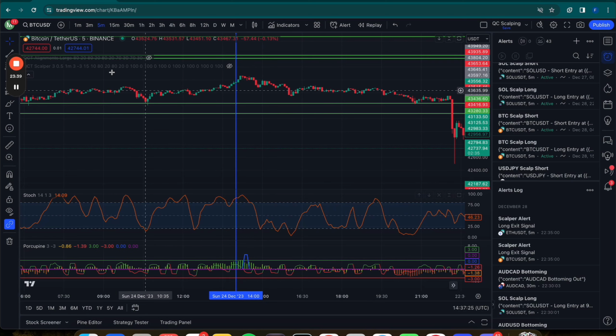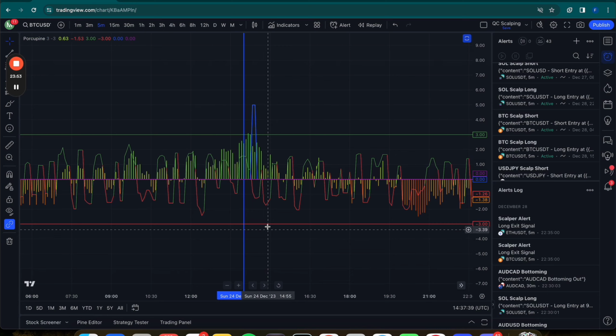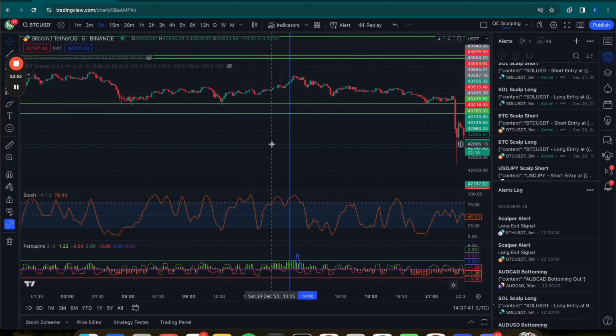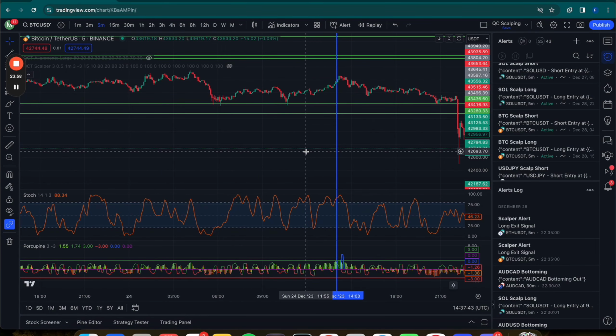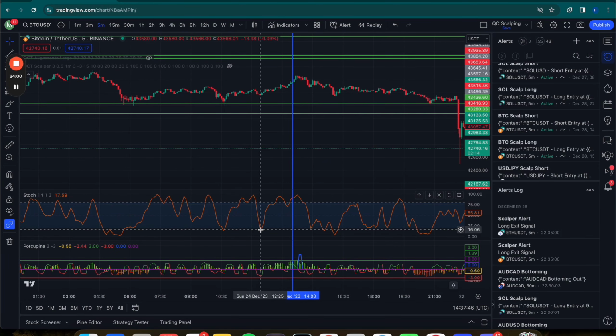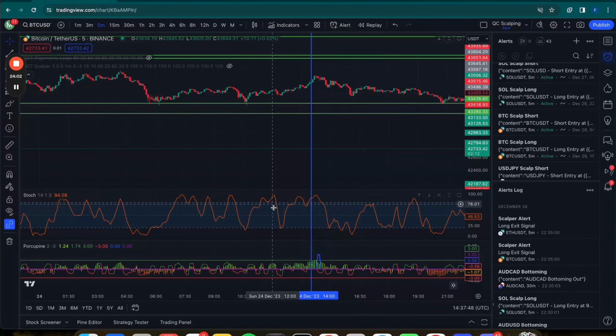It looks at the overall scores, the places and directions of the stochastics, and sums them up together into one single score. And the beauty of this is that even if, like here for example, the 5 minute bottomed out, you might think this might be an alignment over everything and the price might move up a lot.